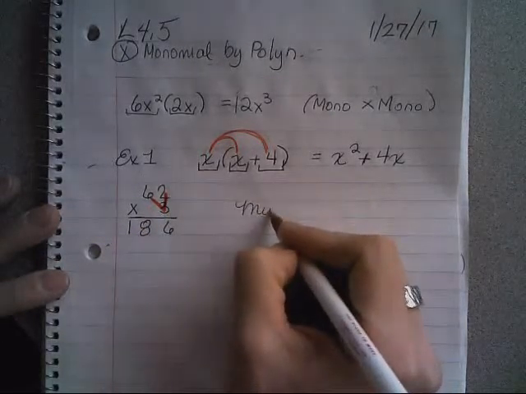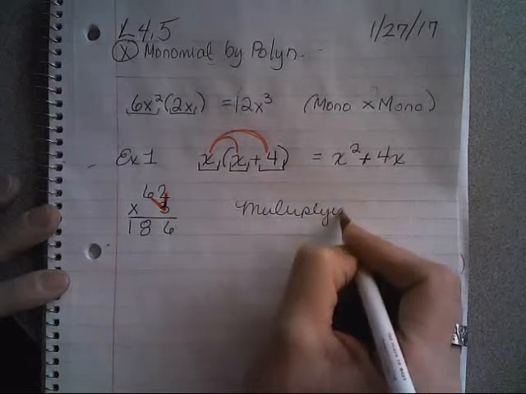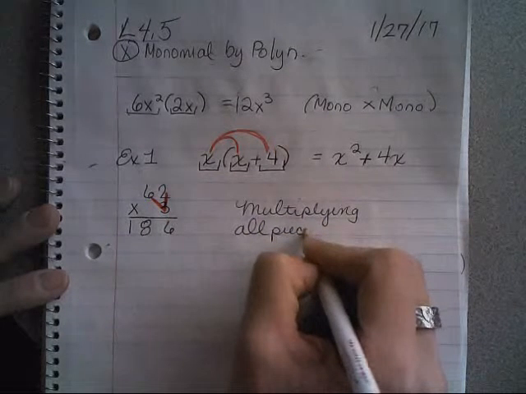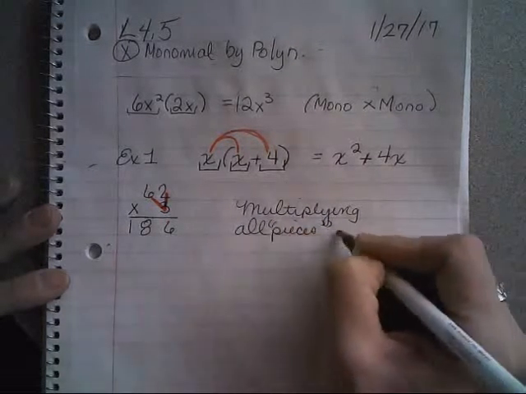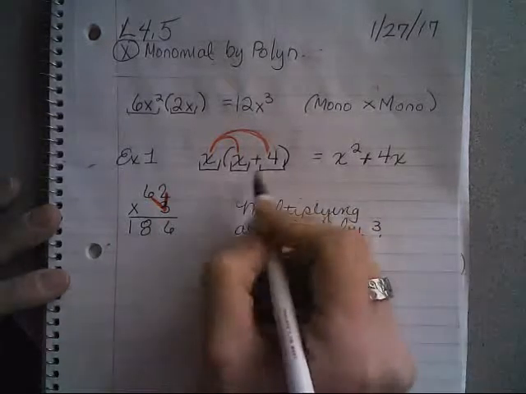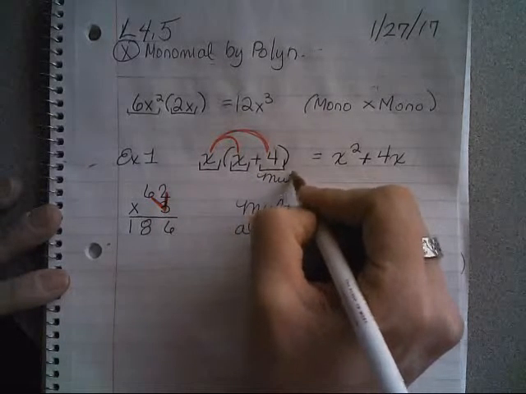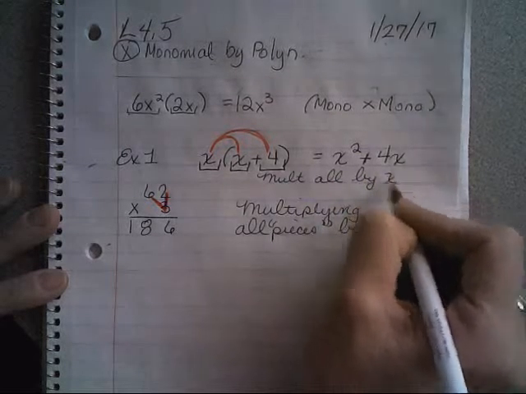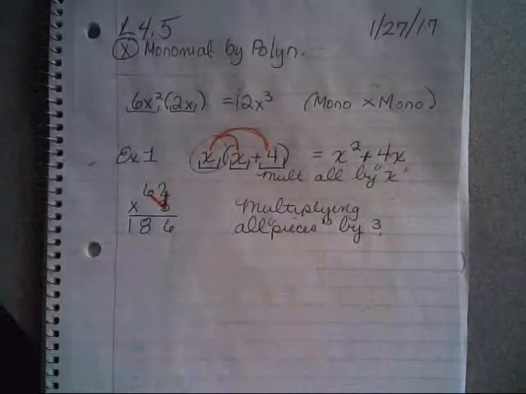So this is multiplying all pieces, so to speak, by 3, just like up here we multiplied all pieces by the x right there.